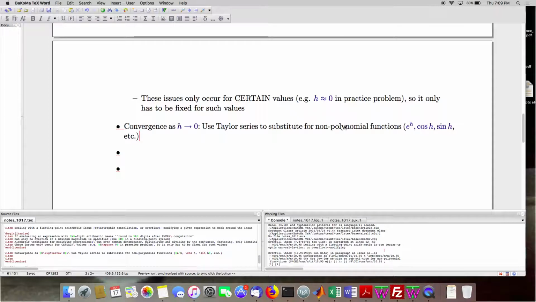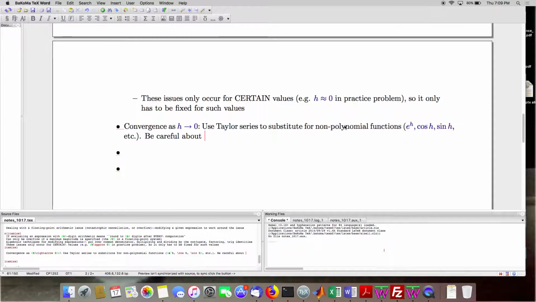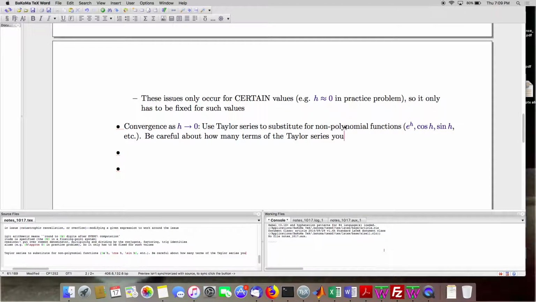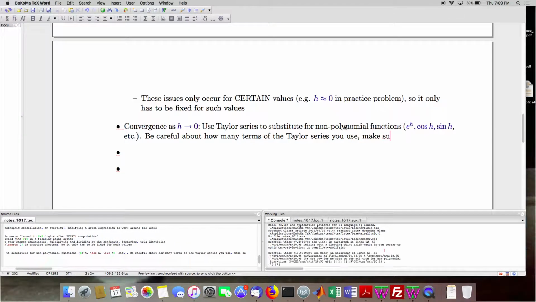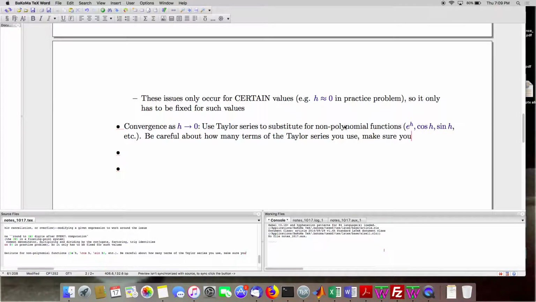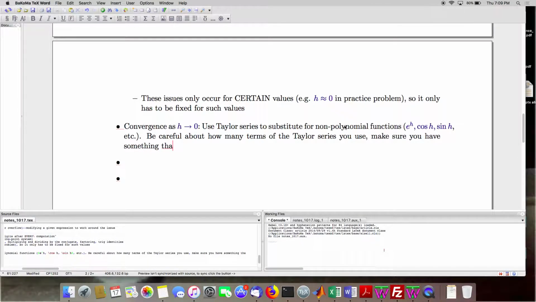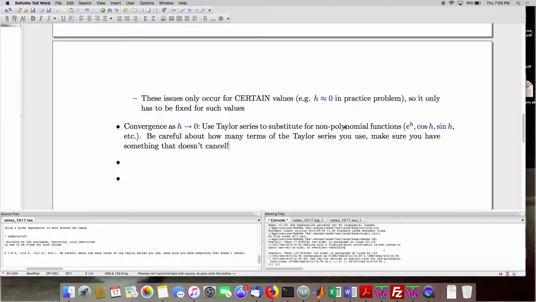Now, a thing to keep in mind is, be careful about how many terms of a Taylor series you use. Make sure you have something that doesn't cancel. So for example, the one in the practice test involved exponential, and it also involved cosine.